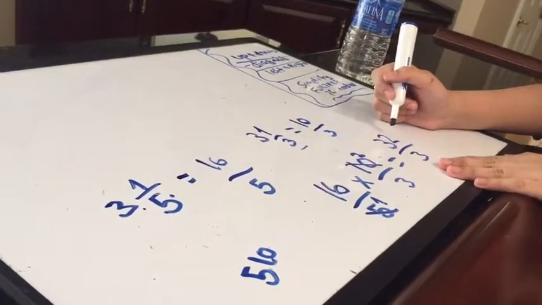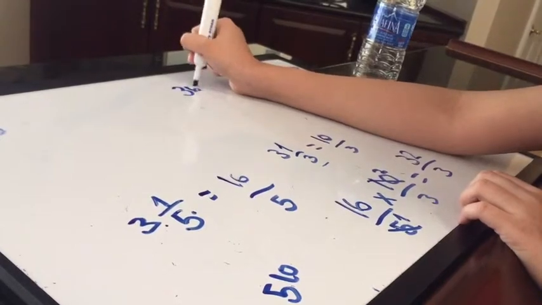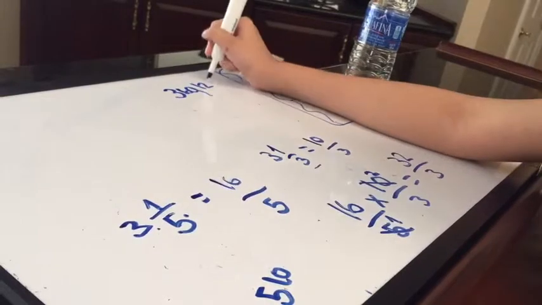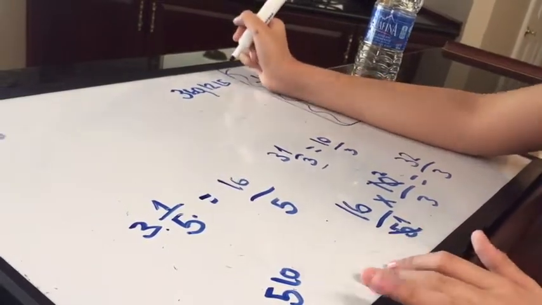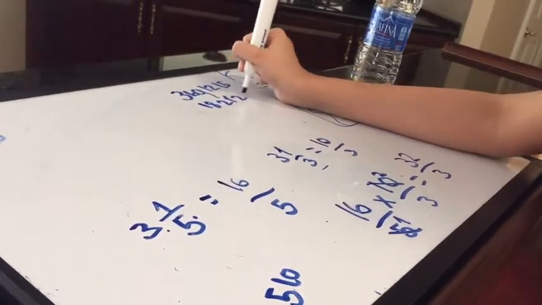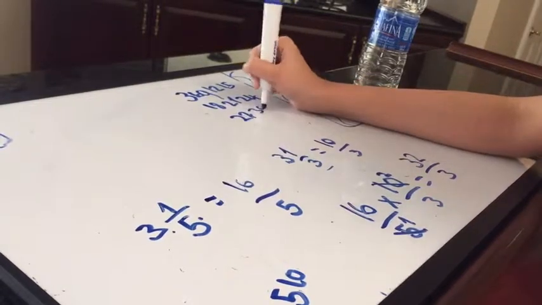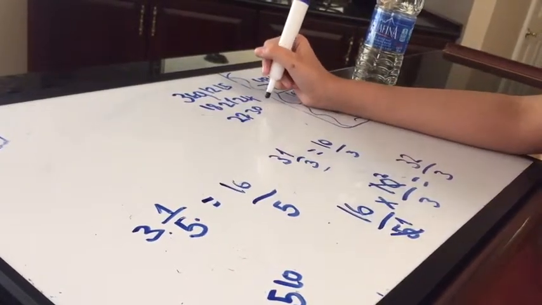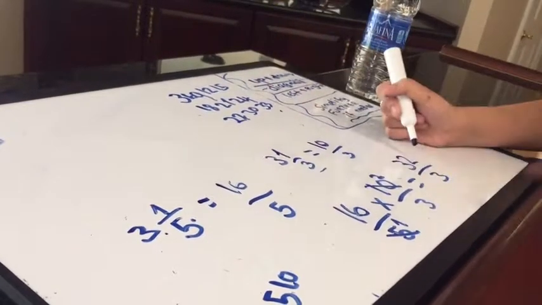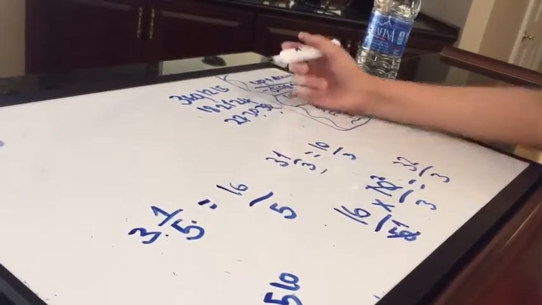So how we're going to do that is we're going to write our 3 times tables. 15, just add it up. As you can see, 33 is more than 32, so we leave that out and we're going to use 30.